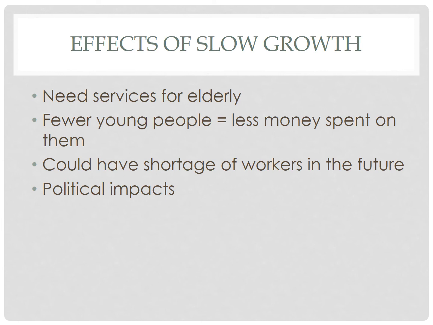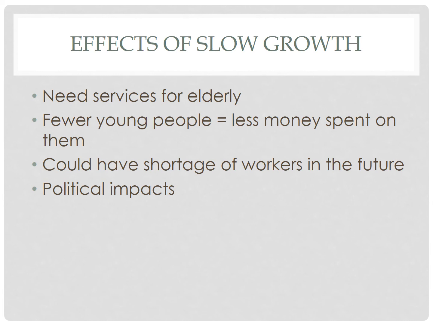Now, in addition, and this is a very real concern for many countries that are growing slowly, is a shortage of workers in the future. We're going to talk about dependency ratio in just a moment. But essentially, there are a couple of ways to combat this. Either you offer incentives to have more kids, or you bring in people from other countries who can work in your workforce.